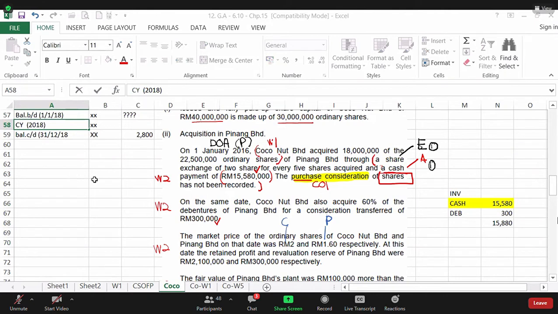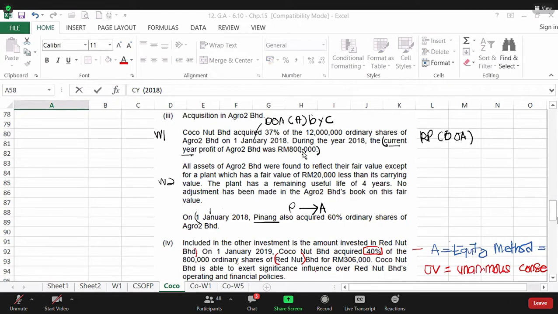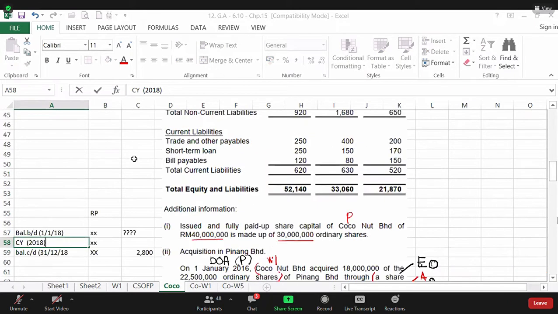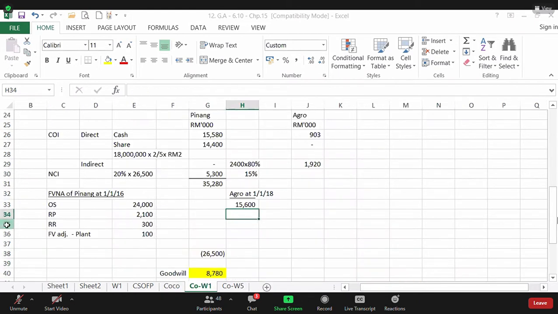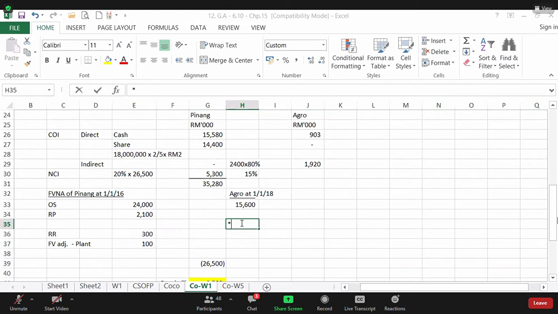How much you got? Where is the information? This one, 800,000. So plus or minus? Minus. So in these cases, 2.8 minus 800, so you got 2 million. That is okay for RP.